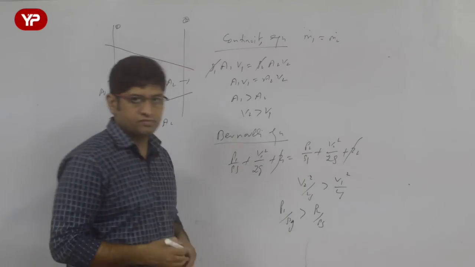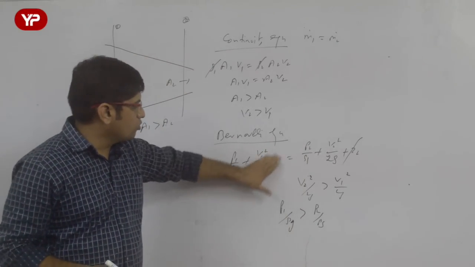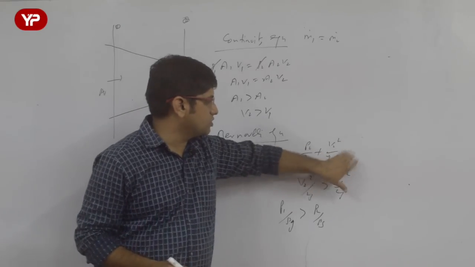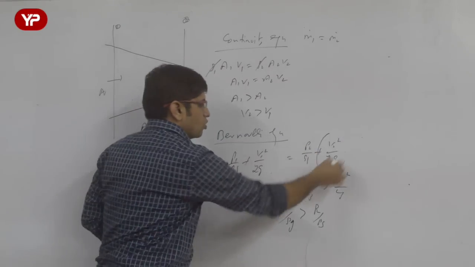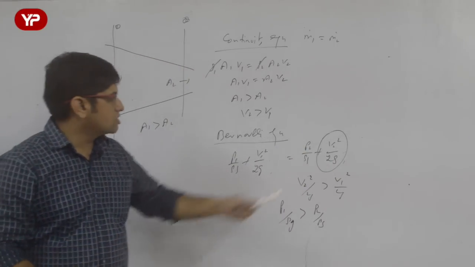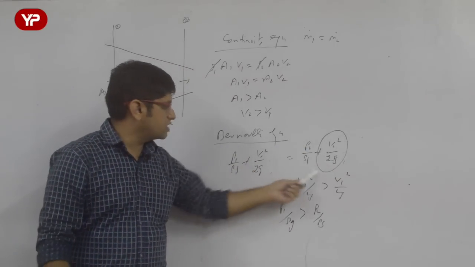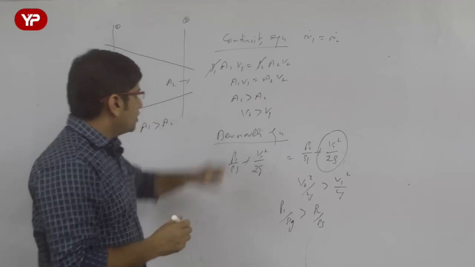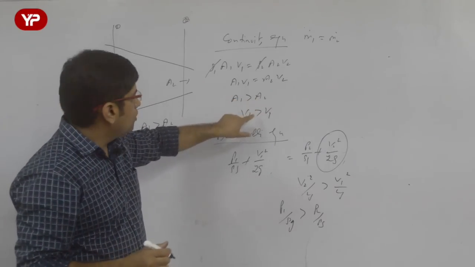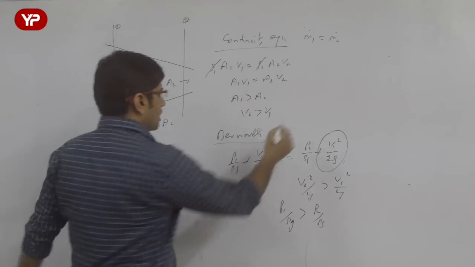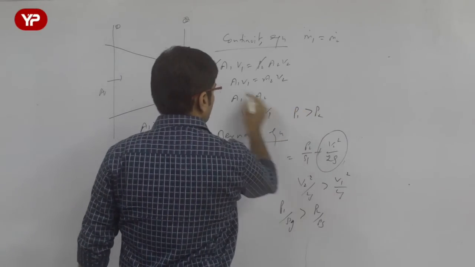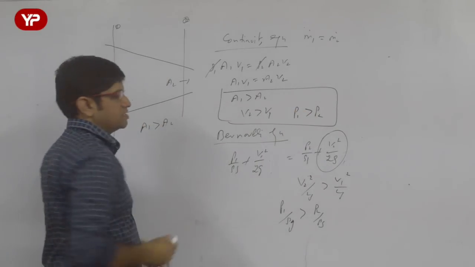See this equation. In this equation, let me remove Z1, Z2. Now see this equation. If this energy is more, V2 square by 2g is more, that means P2 by rho g is less because both sides it is equal. That simply means if A1 is more than A2, then V2 is more than V1 and P1 is more than P2. You see now these three correlations.